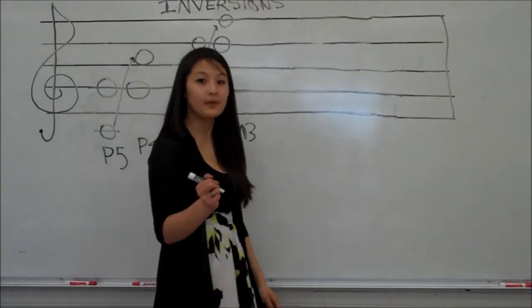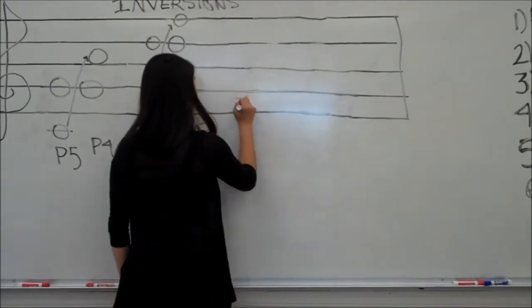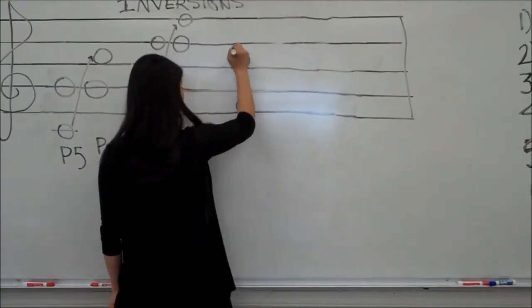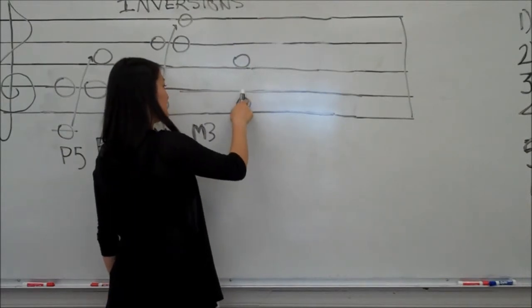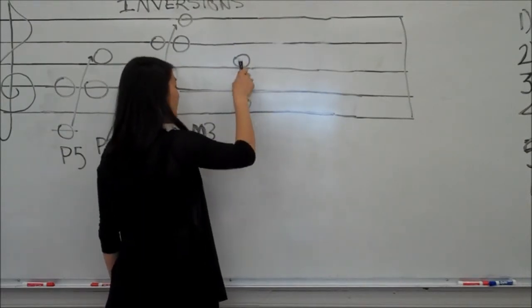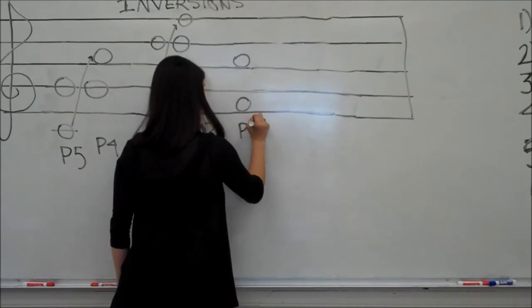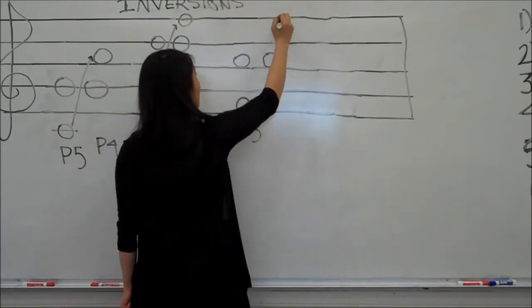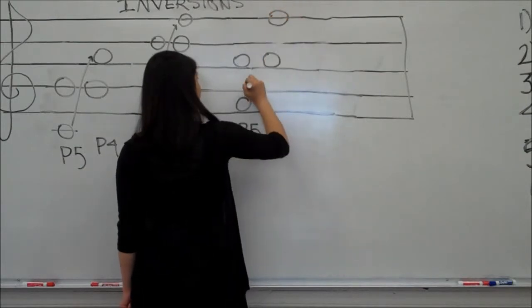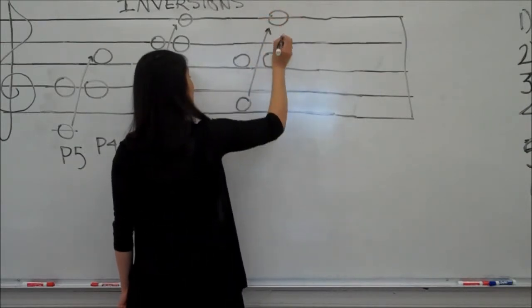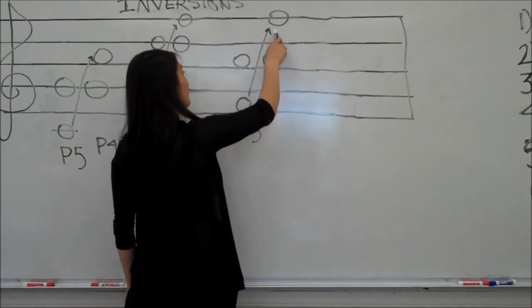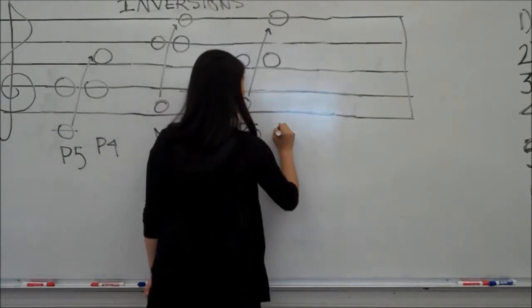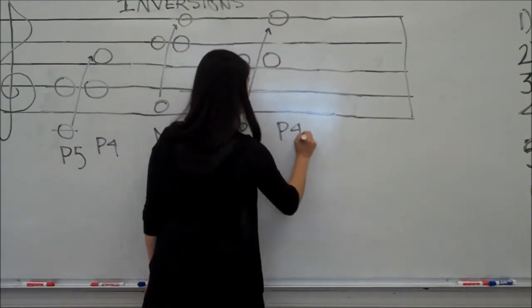Our next example is F to C, which would be a 1, 2, 3, 4, 5, a perfect fifth. Keeping the C the same and moving the F to the top would change it to a 1, 2, 3, 4, a perfect fourth.